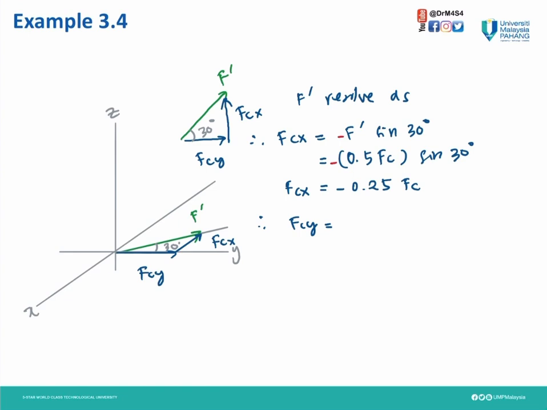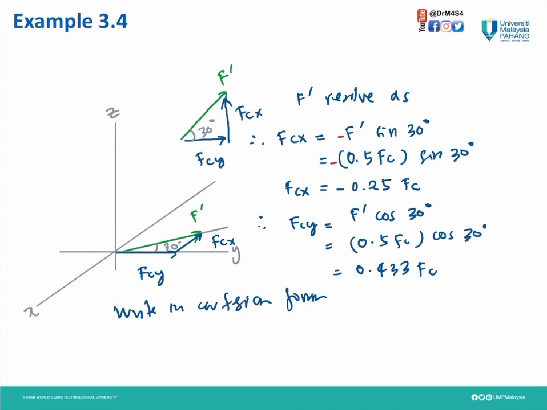FCX is negative F prime sin 30, negative because this is on the negative axis for X. So we get our FCX equal to negative 0.25 FC.